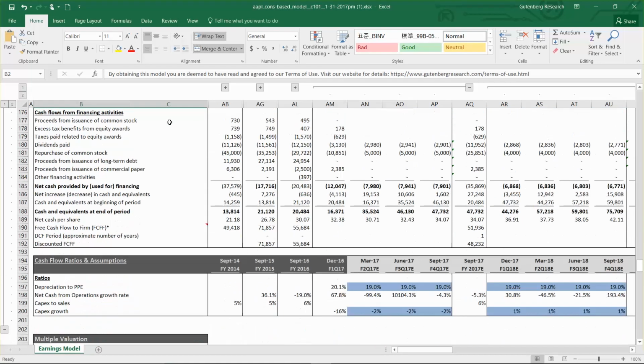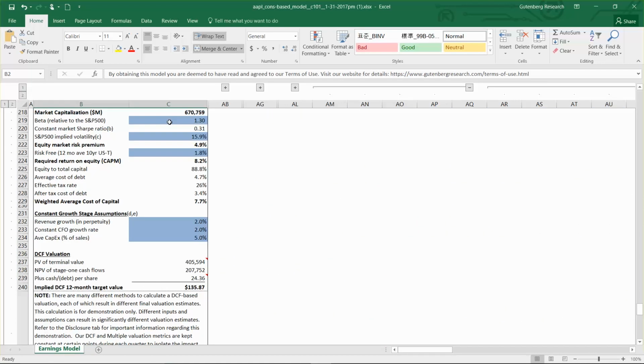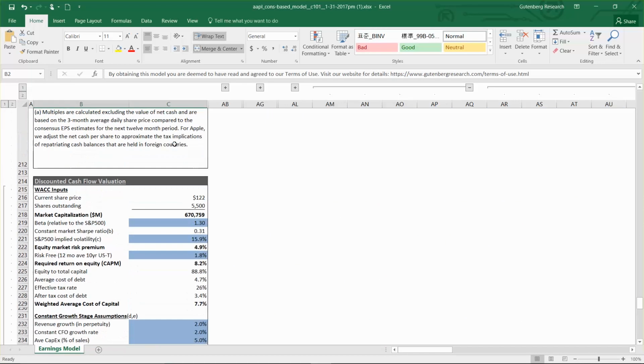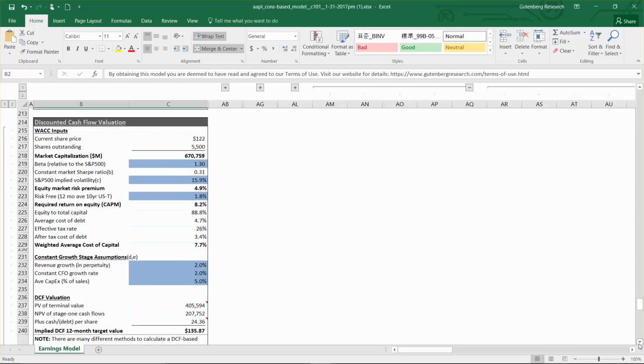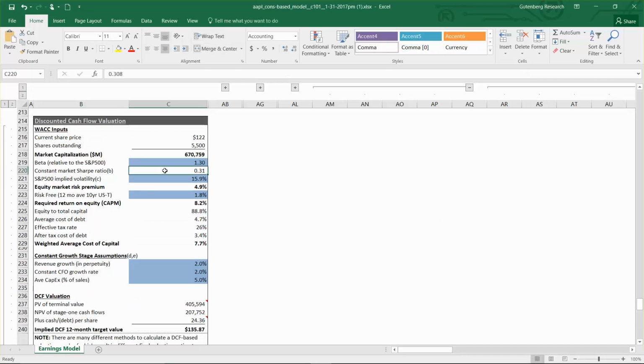So let's scroll down to the valuation section here. And you can see we've got a lot of metrics in here. But I just want to focus on this one, the constant Sharpe ratio, implied volatility, and risk premium. So we're throwing out a lot of key terms here. Don't get confused. This is actually a relatively simple approach to estimating share valuation.